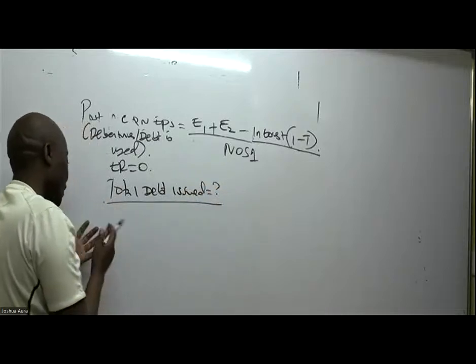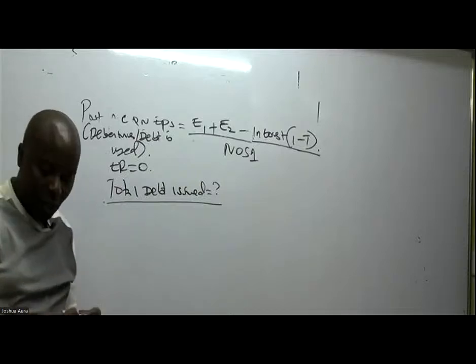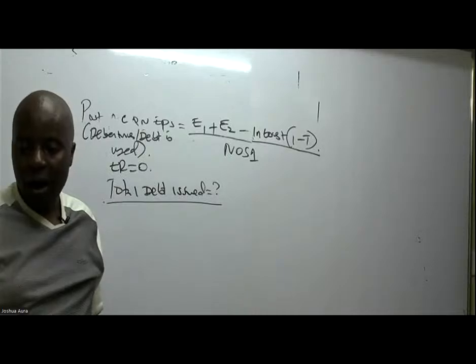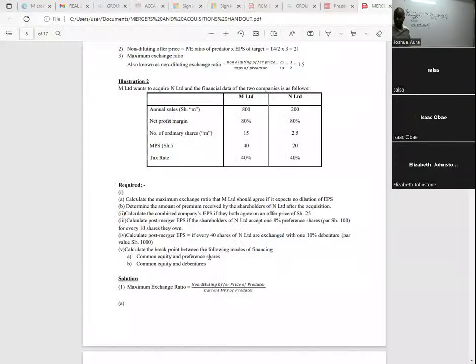So they have told me something very easy here, how they are able to make this acquisition. We are told to calculate post-merger EPS if every 40 shares of N Limited are exchanged with one 10% debenture. Debenture is debt. So it's like for every 1,000 we give out, we shall be given 40 shares.